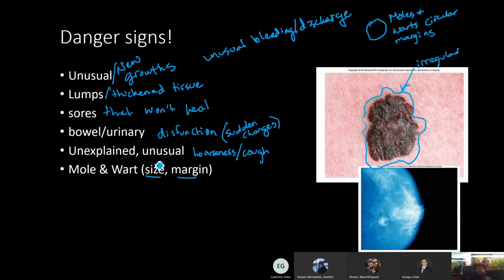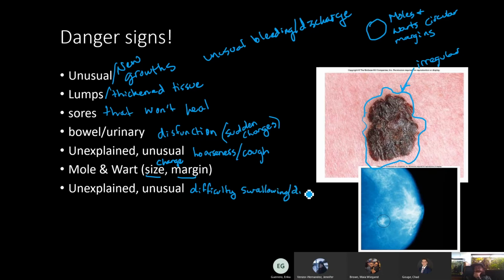And they'll also change in size. They might get smaller, they might get larger, and there are observable changes. And then lastly, unusual or unexplained difficulty swallowing or digesting. These are all danger signs for cancer.